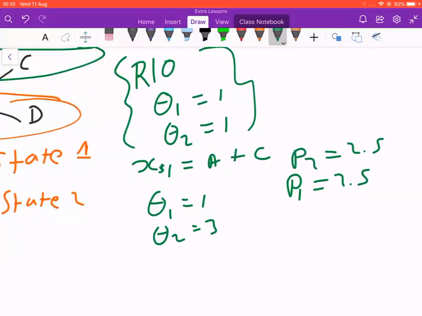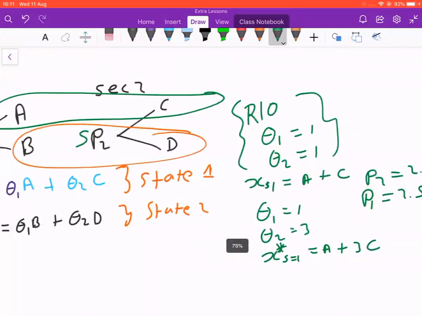It simply means that under state one, your payoff is going to be 1 times A plus 3 C. So I guess this makes sense already before we can start working on the question.